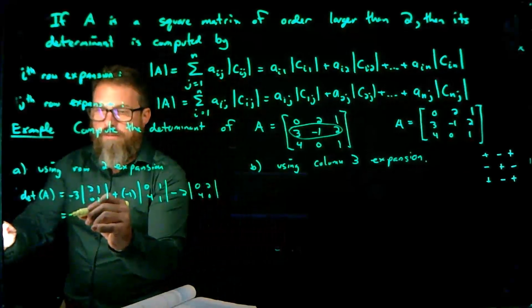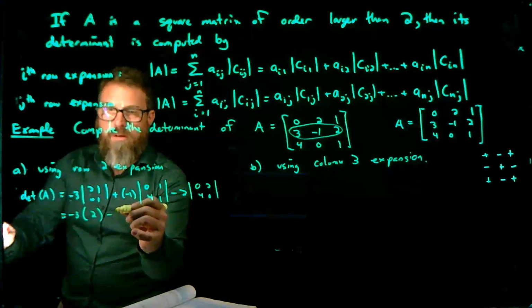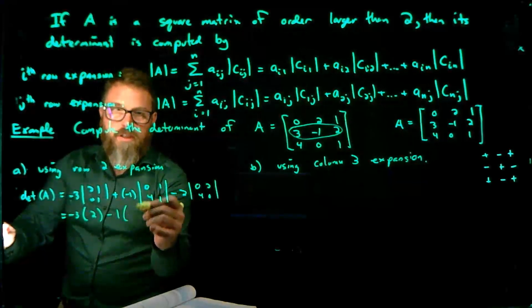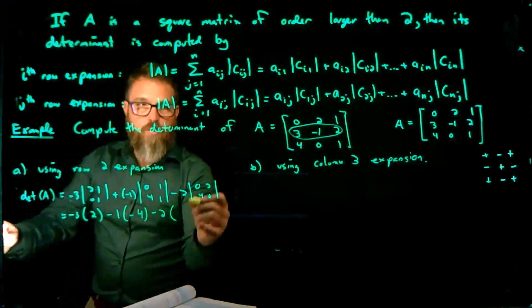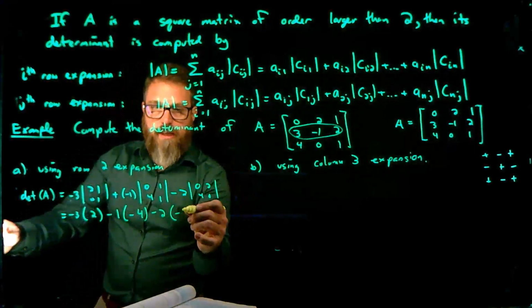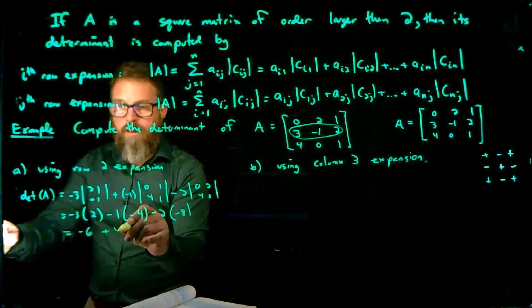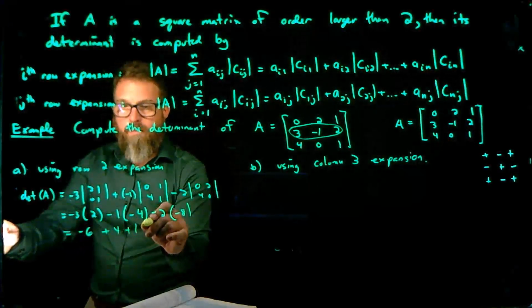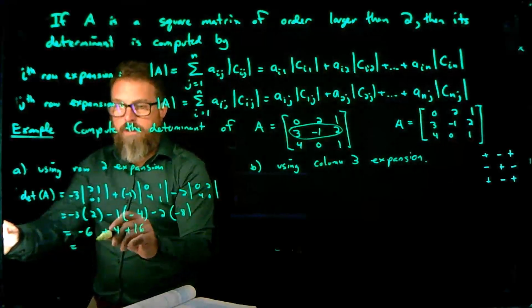So now we're going to have minus 3 times 2 minus 0, so that'll be 2, minus 1, and then this is going to be 0 minus 4, and then minus 2, this is going to be 0 minus 8. And if we did this correctly, we will get 20 minus 6, which is 14.